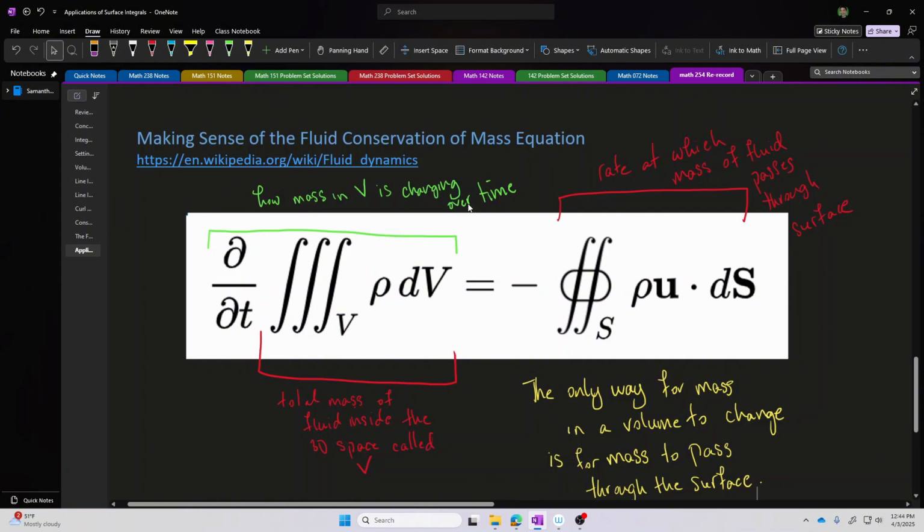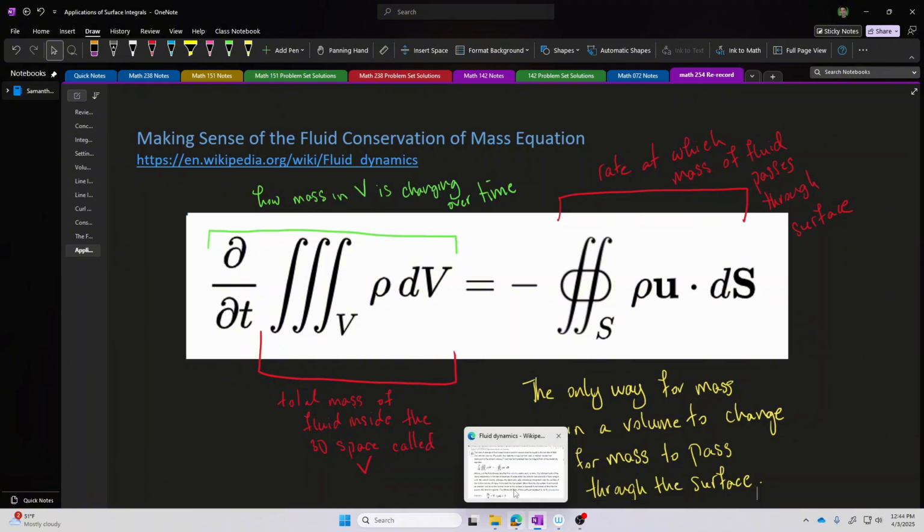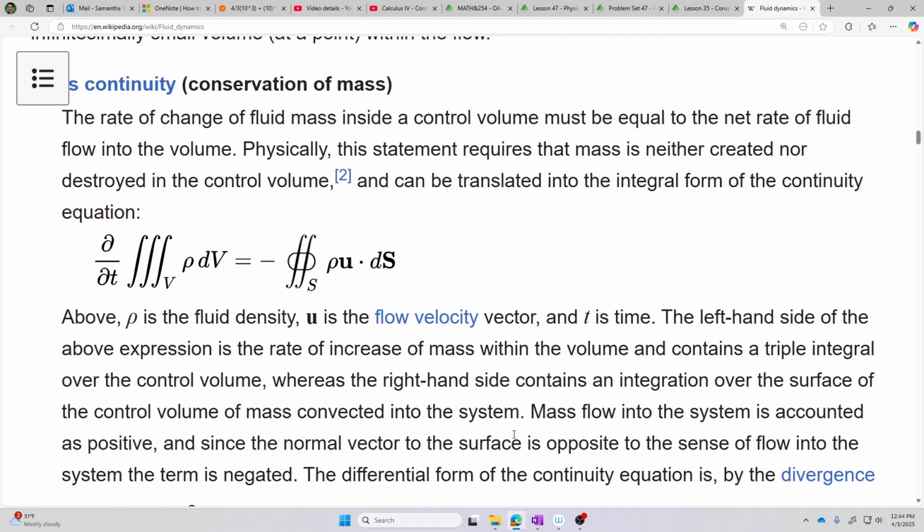Likewise, if you're losing mass, that is because mass is exiting the space. The mass is not just spontaneously disappearing, and it must have exited the region by passing through the surface and going outside the surface. And so mathematically, what this is doing is capturing what we call conservation of mass.